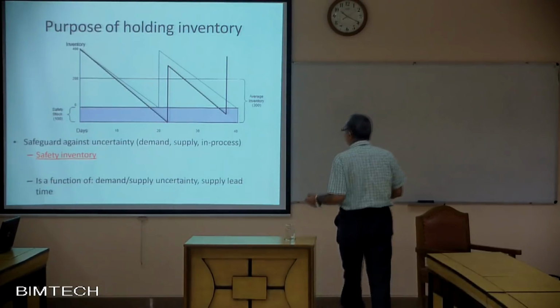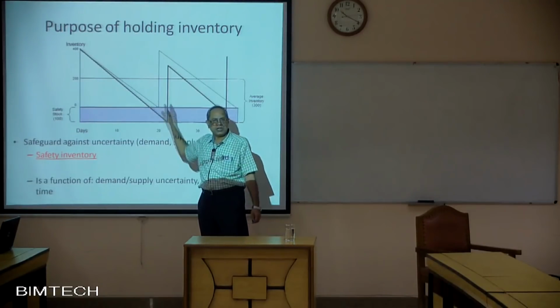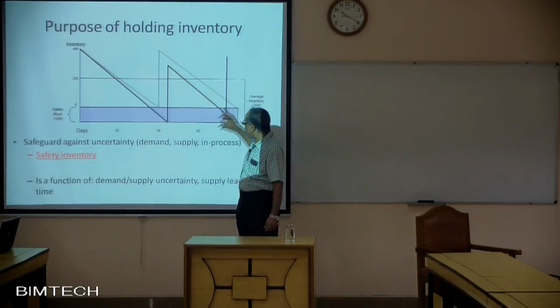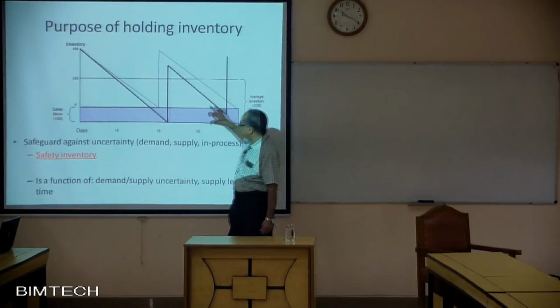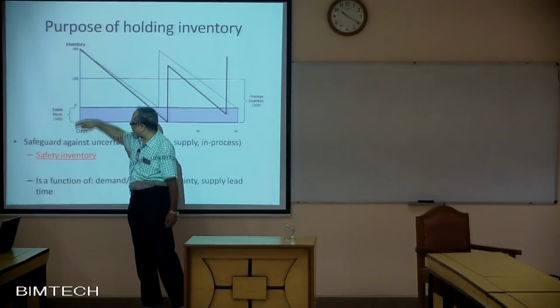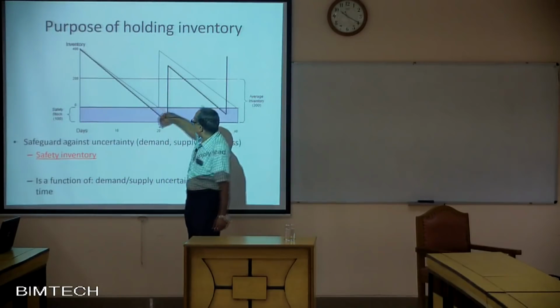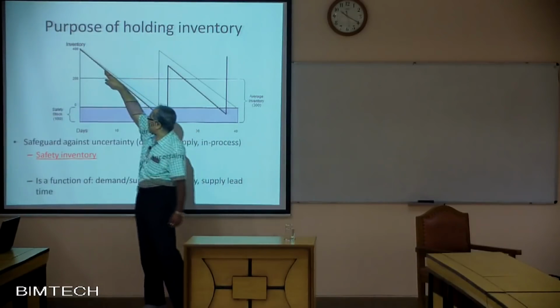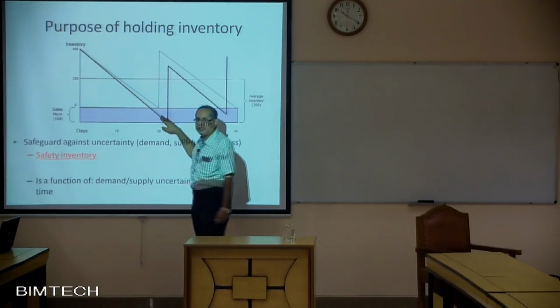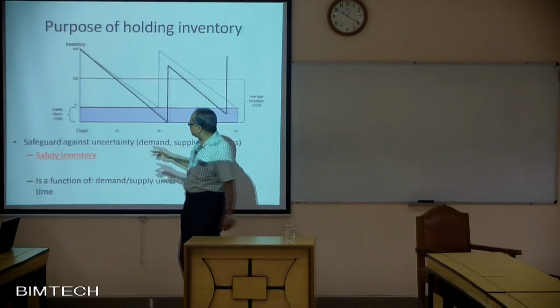Okay, so here we are, suppose, very similar situation as we saw in the previous slide, with the slight difference that I have a band, I have kind of a buffer stock called the safety inventory, and the demand is really not constant. If you see the slope of the demand here and the slope of the demand here, they are not the same.